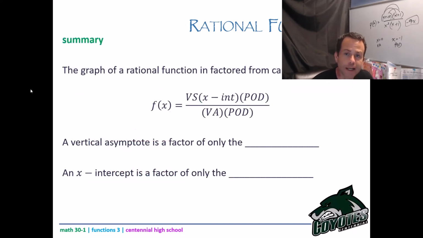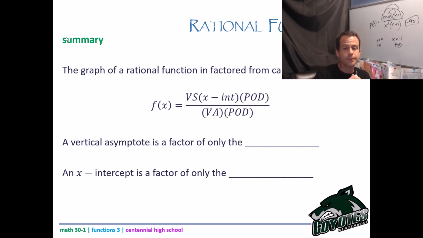The graph of a rational function in factored form can be written as f of x equals the vertical stretch times the x-intercept times the point of discontinuity divided by the point of discontinuity and the vertical asymptote. All we're trying to say there is that your a value is your vertical stretch, a factor on the top by itself will always be your x-intercept, and there could be 2 x-intercepts or 3 x-intercepts, right?